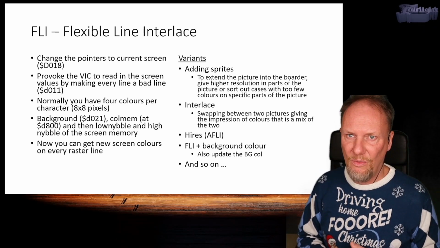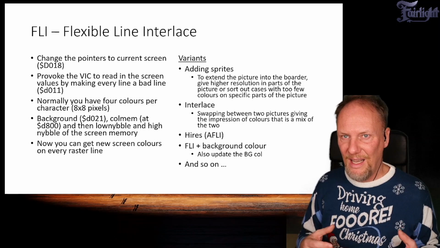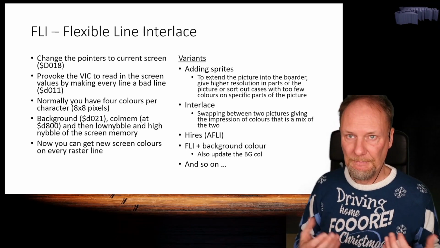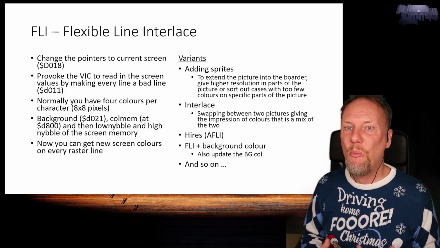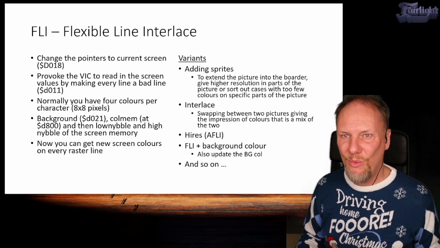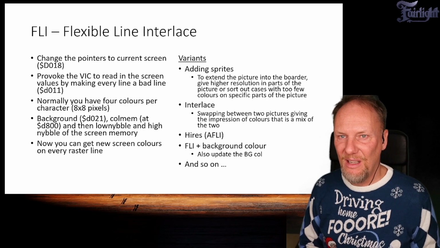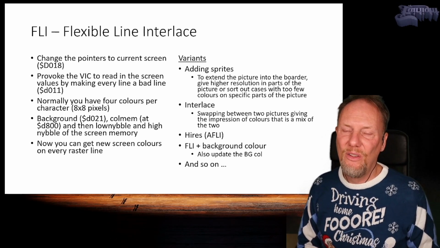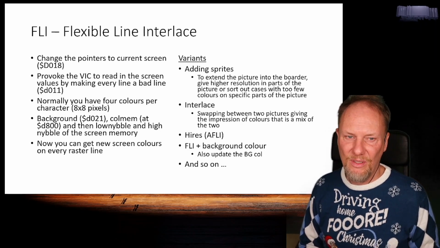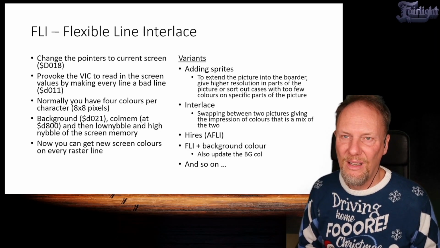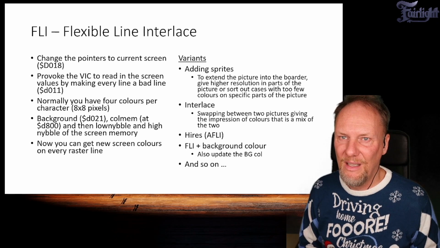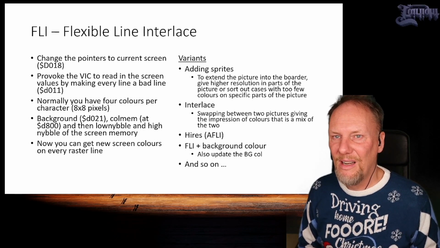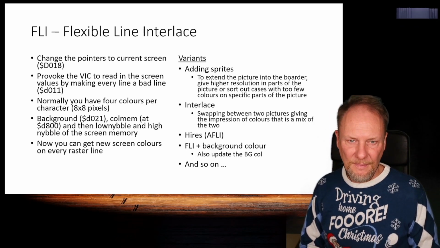Most graphicians don't really use this anymore because it takes so much CPU time to show it, and graphicians have become more skilled at working around the limitations and still provide stunning results. But of course, using FLI, you can provide even more stunning results because you have the added flexibility of basically more colors without any color clashes inside a cell.